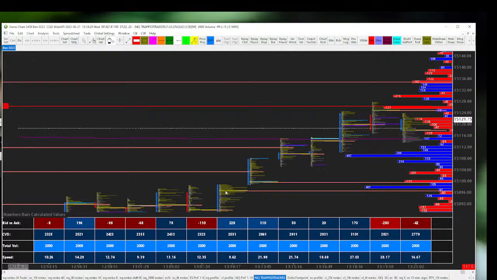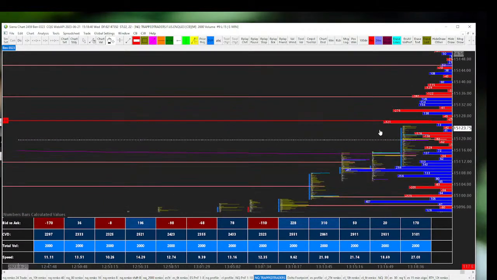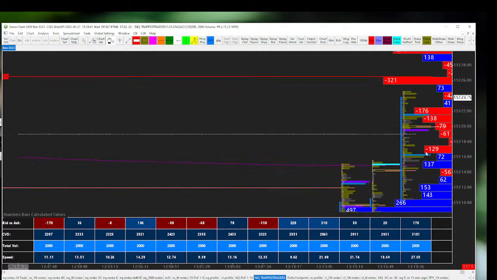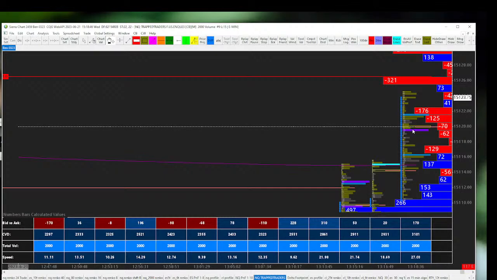You can see a lot of volume here and then not a lot of volume. A little pullback, very low volume, comes up here, and all of a sudden this bar right here gets a ton of volume here, here, and here.